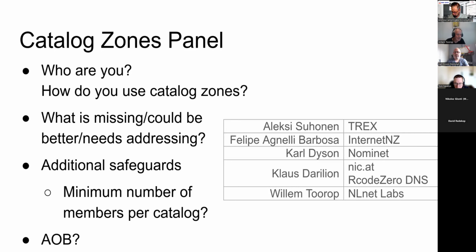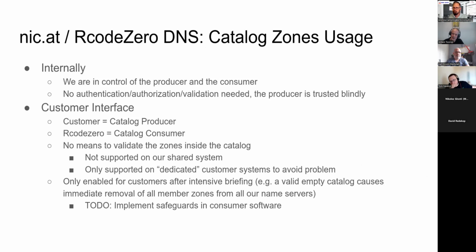The first question I would like to ask the panelists is: who are you and how do you use catalog zones? Some of the panelists have provided a slide already, so I think it's easiest if I put up the next slide and then ask Klaus to tell us who he is, what he does, and how he uses catalog zones in his operations.